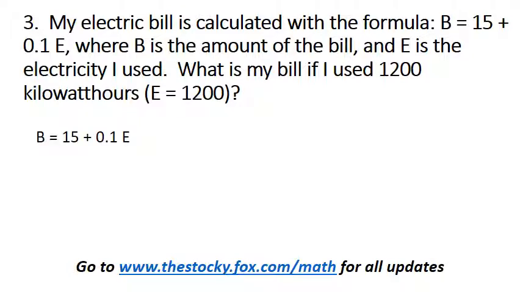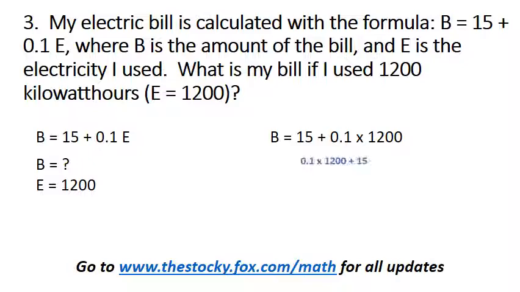Well, my equation is B equals 15 plus 0.1 E. I don't know what B is, but I do know what E is, 1,200. So I can put that into the equation. B equals 15 plus 0.1 times 1,200. And then I can just put that in my calculator. 0.1 times 1,200 plus 15 equals 135. And that's your answer.